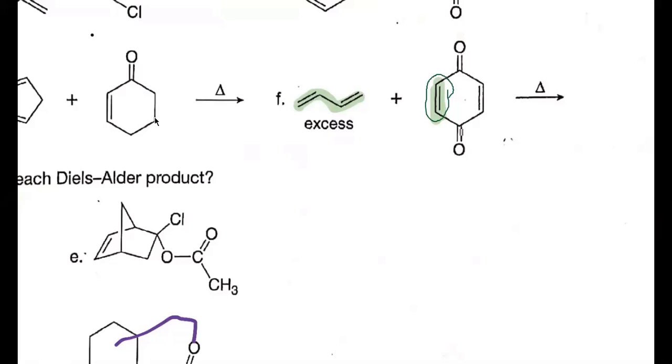Oh, thank you, whoever circled that. I appreciate it. That's my dienophile, right? But notice there's something about this problem that's a little bit different. It says that your diene is in excess, right? So let's just say this is 2.0 moles and this is 1 mole.